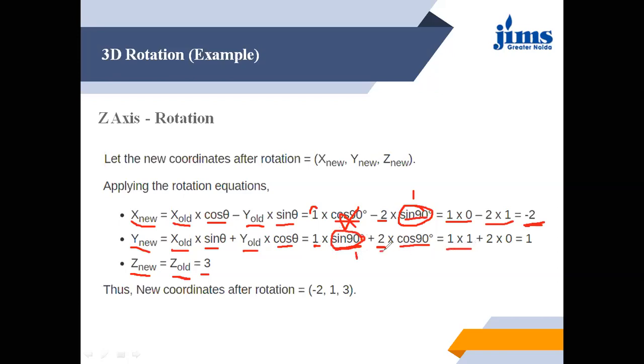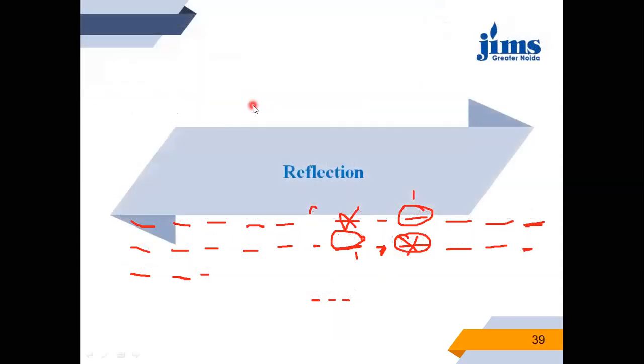And this is 2 multiplied by cos 90. Cos 90 is equal to 0, so 2 into 0 is 0. So this is 1 plus 0, that is 1. So when we rotate the object with respect to z-axis, the final values of x, y and z coordinates are -2, 1 and 3.